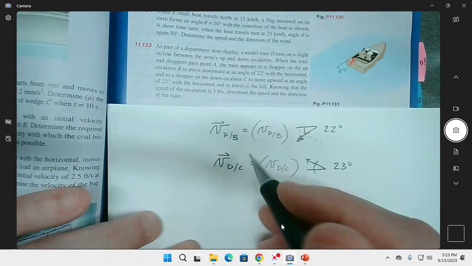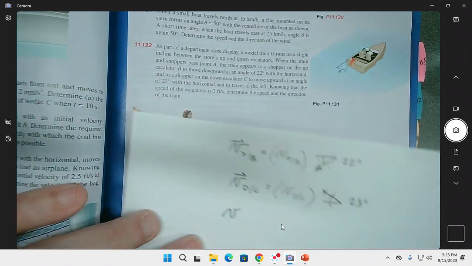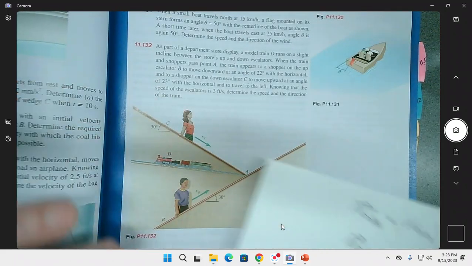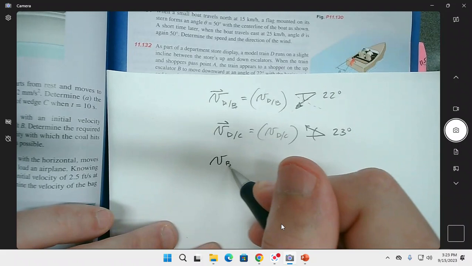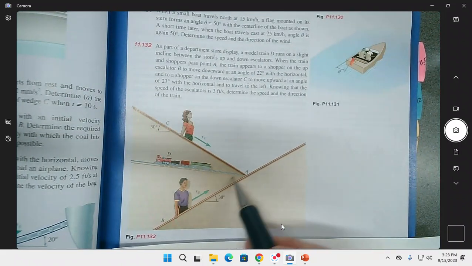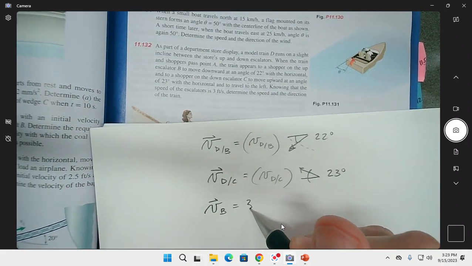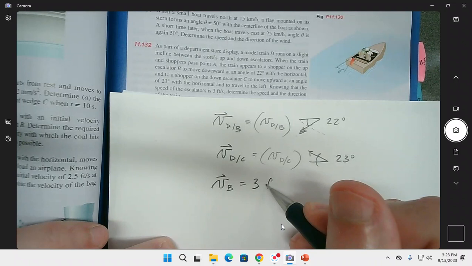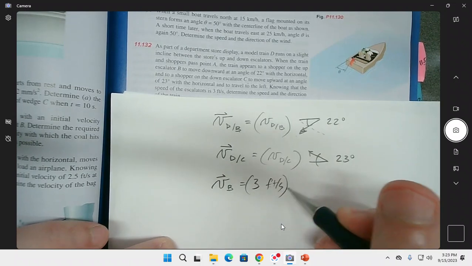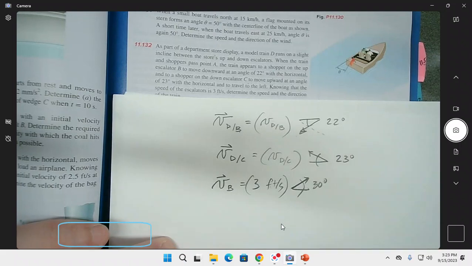Knowing that the speed of the escalators, so if the speed of the escalator is the same for these guys right here, VB is actually going to be 3 feet per second upwards at 30 degrees.